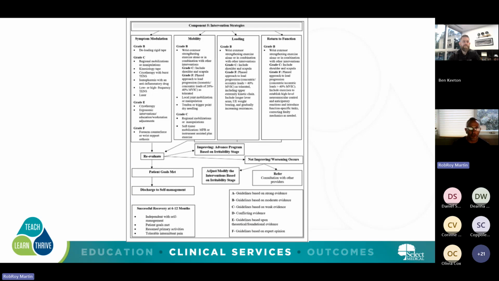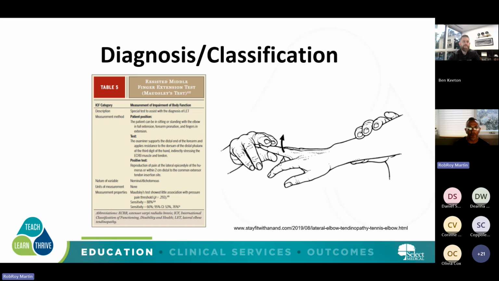Just a couple pieces of low-hanging fruit that I'm sure you're familiar with, but there is some interesting information related to the sensitivity and specificity of these tests. As far as Maudsley's test, this is resisted middle finger extension. This has good accuracy when we're trying to identify people with lateral elbow tendinopathy.